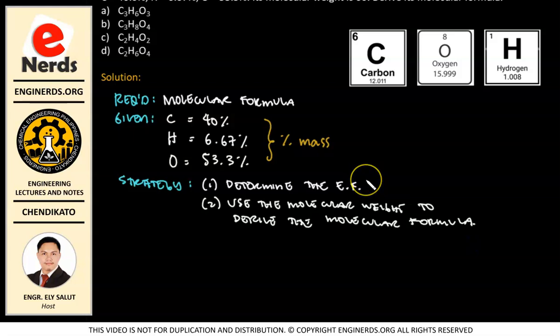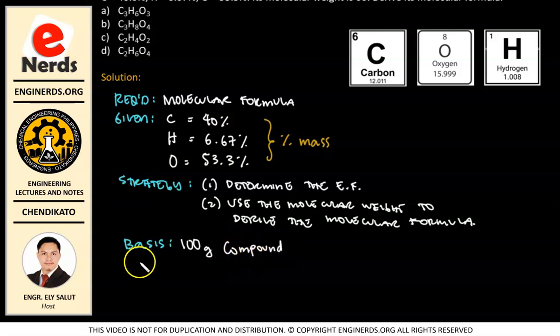Alright, since these are expressed in percent by mass, the easiest way to solve this is to work on our problem using the mass. So let us have our basis first. Since this is in percent by mass, let us have our basis as 100 grams of the compound.